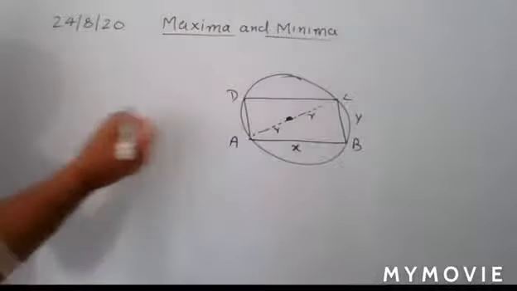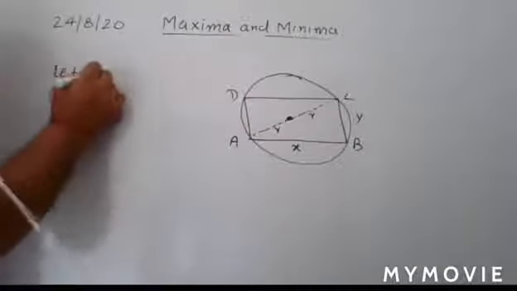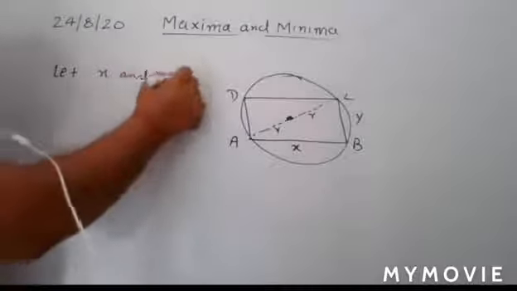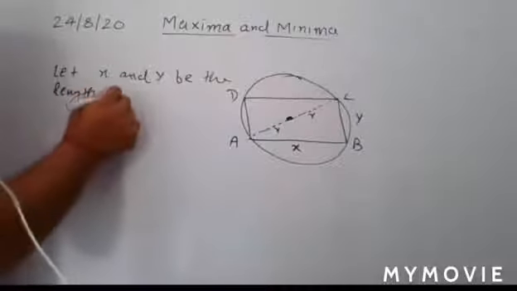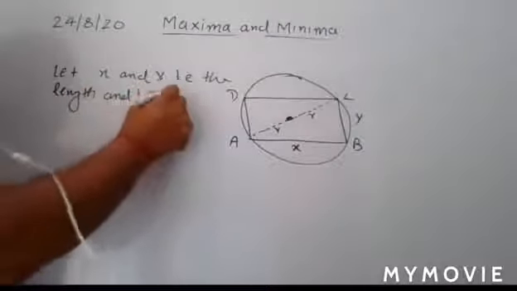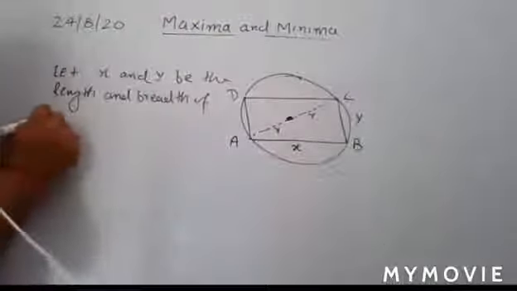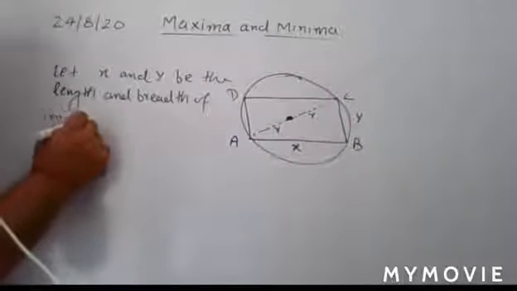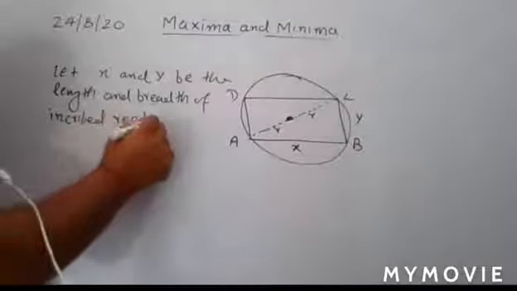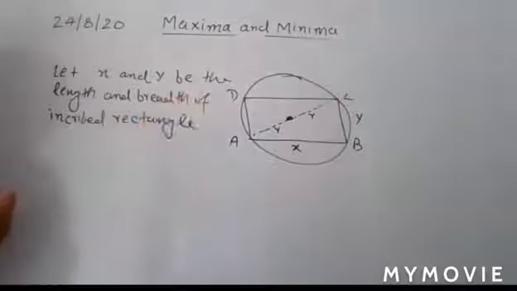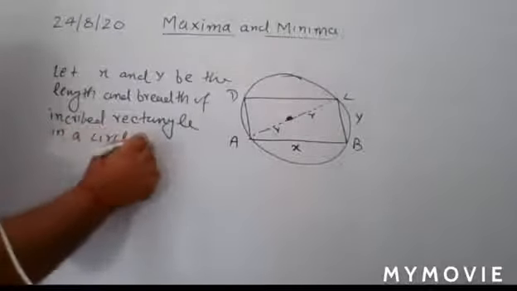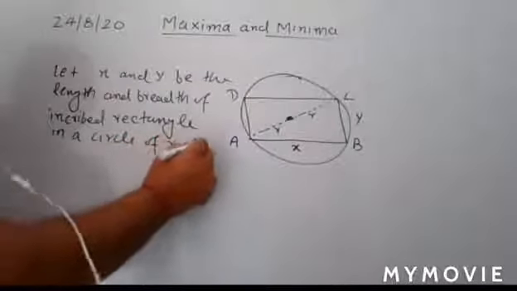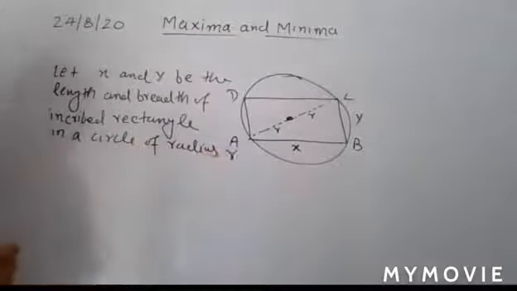So in this way, first you assume it. Let X and Y be the length and breadth of the inscribed rectangle in a circle of radius R. So first you assume like that.